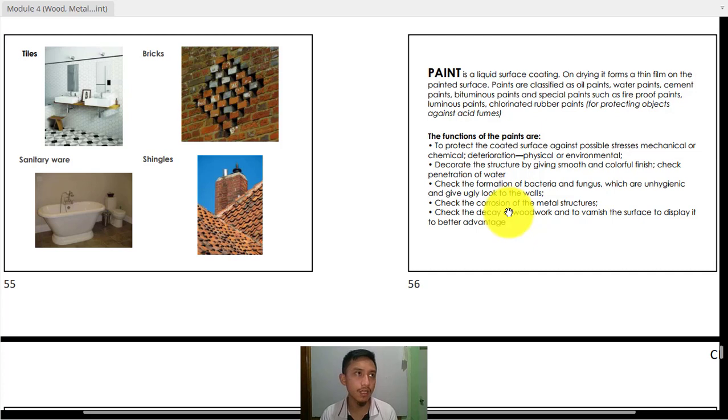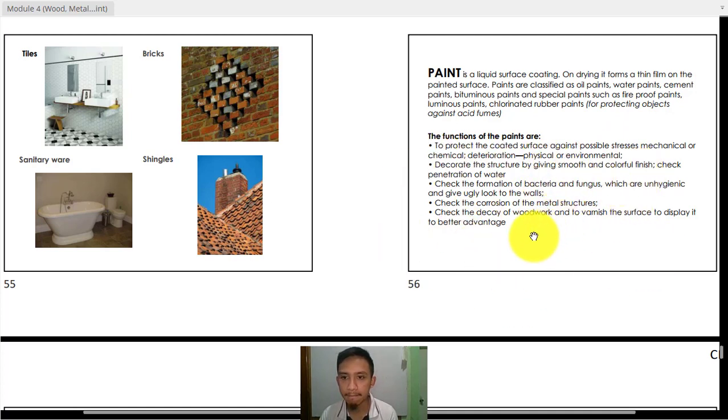So that even after a long period of time before we continue the construction, at least the protruding metals will still be protected against corrosion or rusting. So if we continue after years or months, we can remove the paints that we applied, and that will still be a metal which is in its original shape or original state.